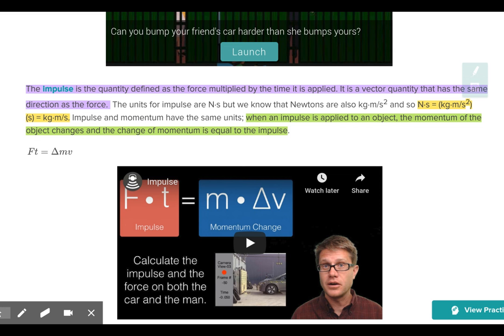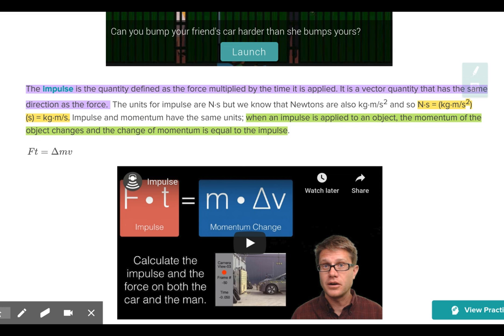So when an impulse is applied to an object, the momentum of the object changes, and the change in momentum is equal to impulse. So don't get the two things confused. Sometimes, in order to find impulse, you have to find the momentum first, or in order to find momentum, you have to find impulse. Okay? So the impulse is force times time.